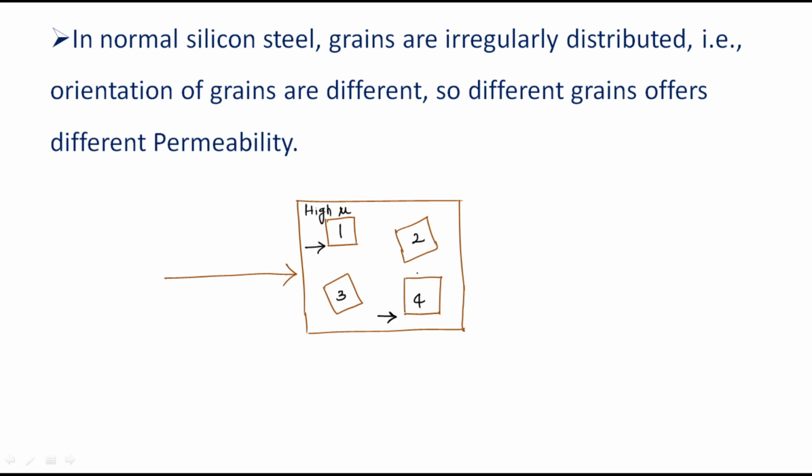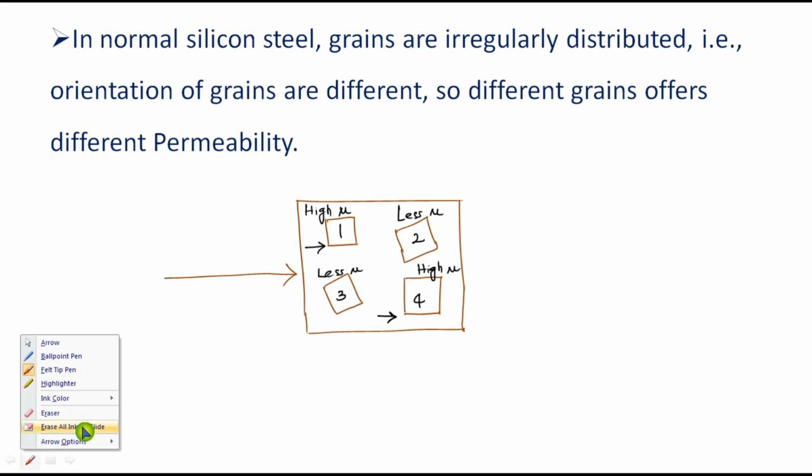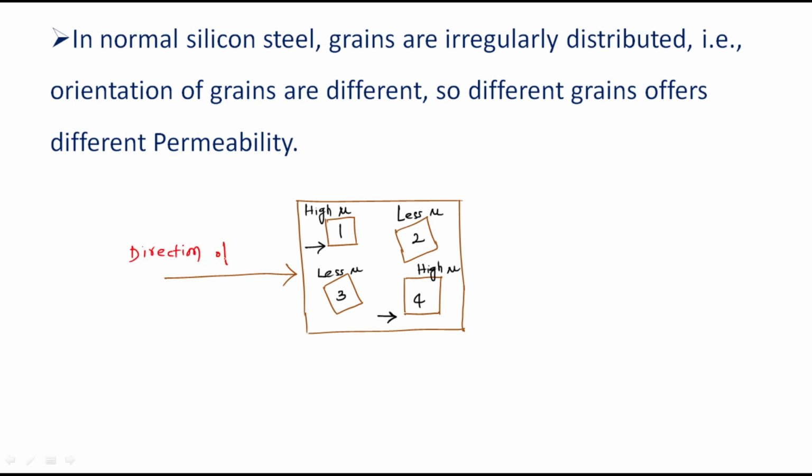Along cube edges this is also high permeability, this is less mu, this is also less mu. This is the direction of magnetization: you have to provide some magnetic field along cube edges.